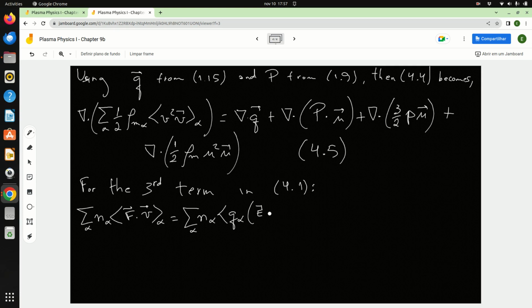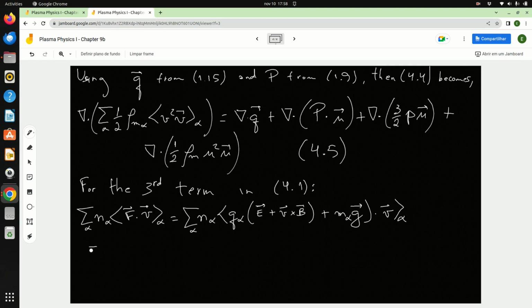So it's E plus, this is actually E, so it's strange, E arrow, V cross B plus gravity, then dot V. And this is all in alpha average, right?